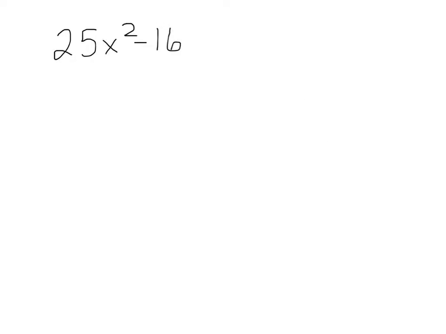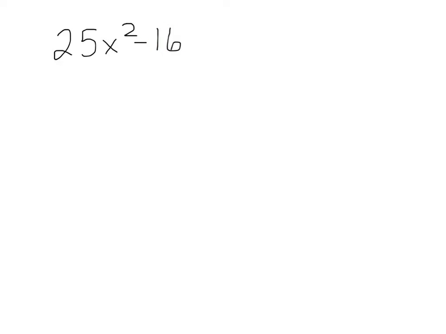Remember what I said, the hardest part about factoring a difference of squares is simply recognizing that it is a difference of squares, because you're going to get a problem in a month that we're not talking about difference of squares, and you have to recognize, oh, that's a difference of squares, right? So let's look at it. Is the first term a perfect square? It is. Is the second term a perfect square?